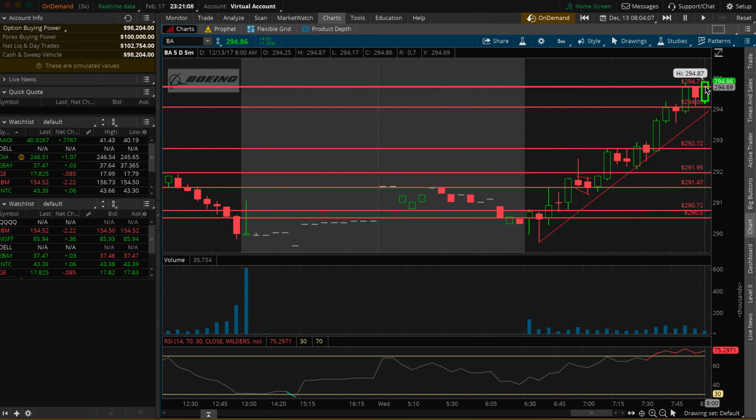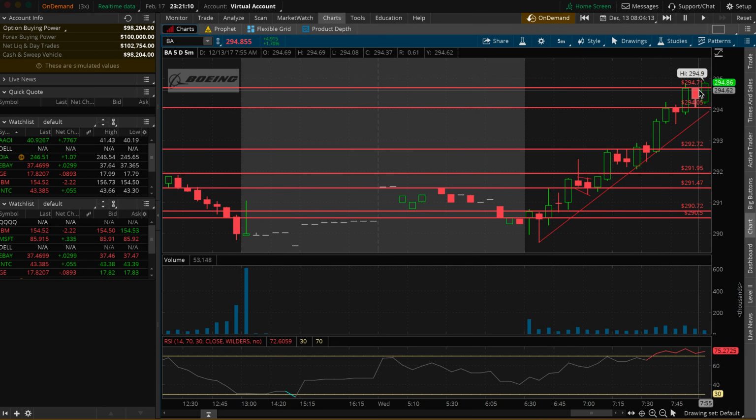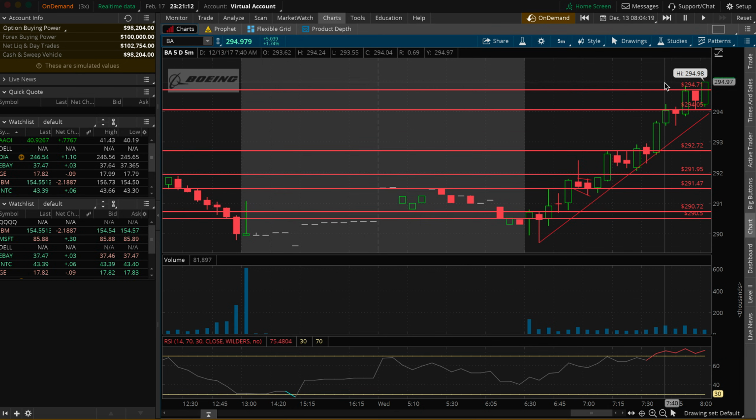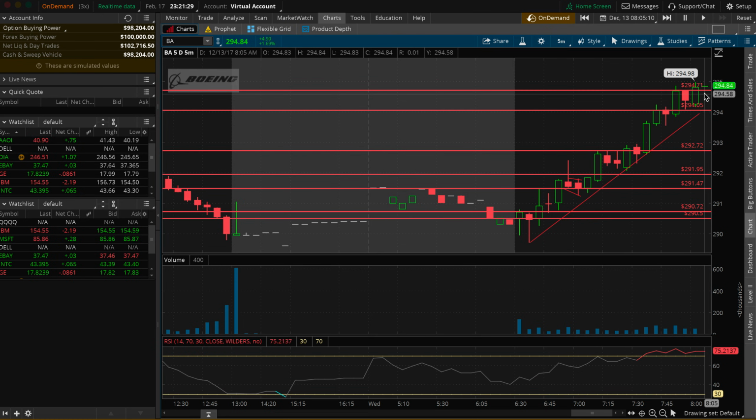It's breaking through that resistance again, and it's going higher. If it closes above that, then we may buy some more contracts. Closed above it.